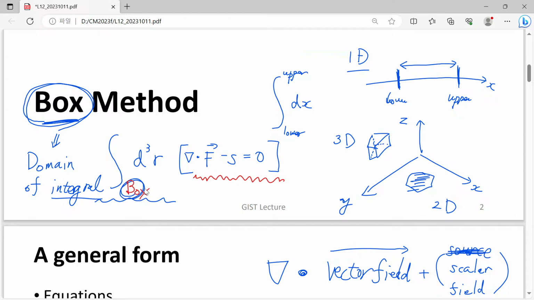Then that will give us the discretized version, or not perfectly discretized, but suitable for discretization. So that is the essential point of our box method. So do you have any question? Please let me know whenever you have any question.